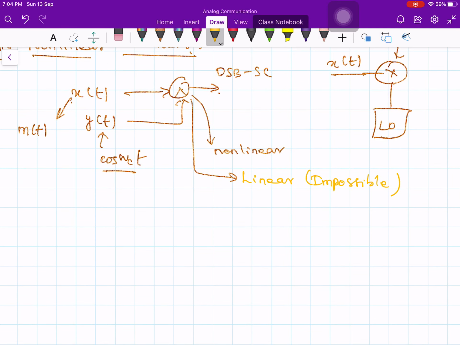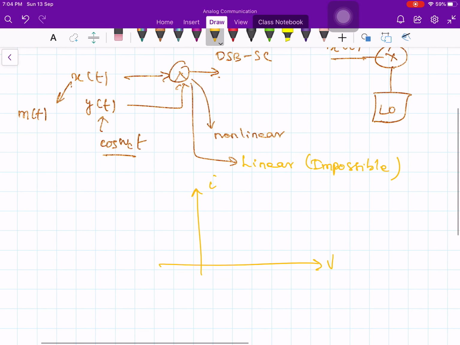For example, we can have the non-linear current-voltage characteristics of some device. Let's say this is voltage and this is current, which we should exploit here for our purpose.